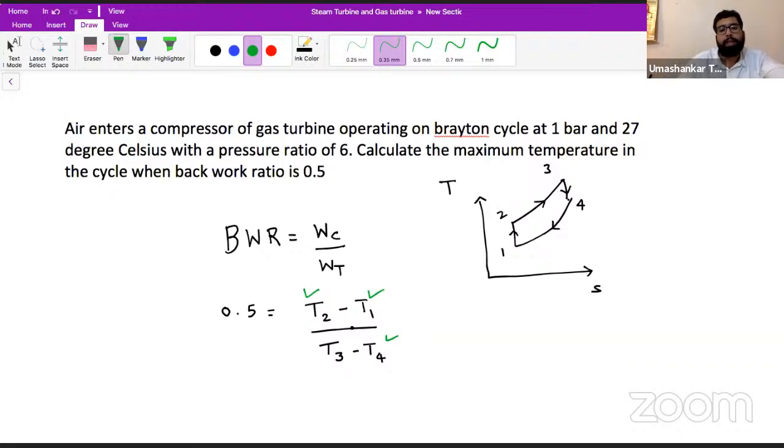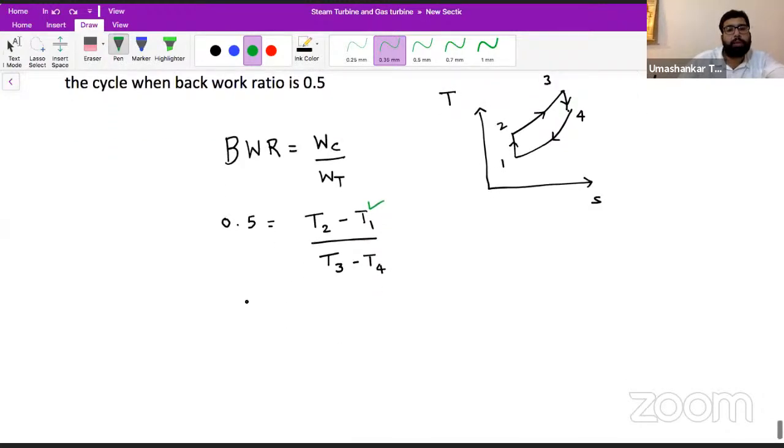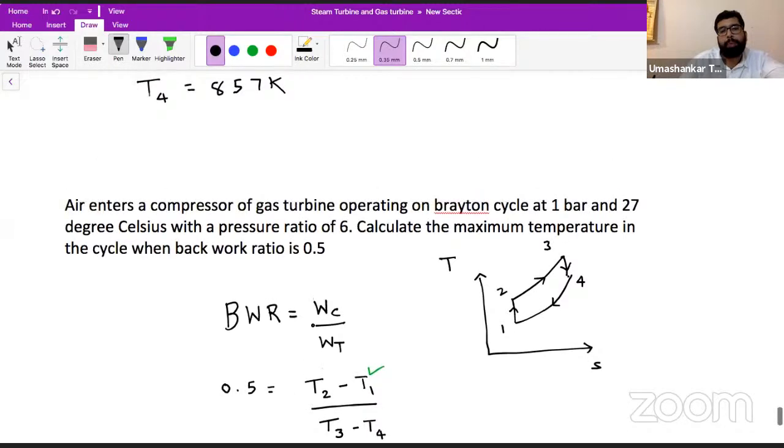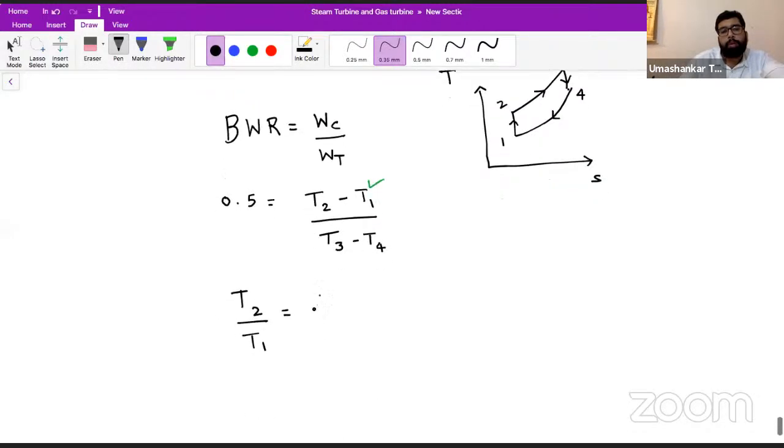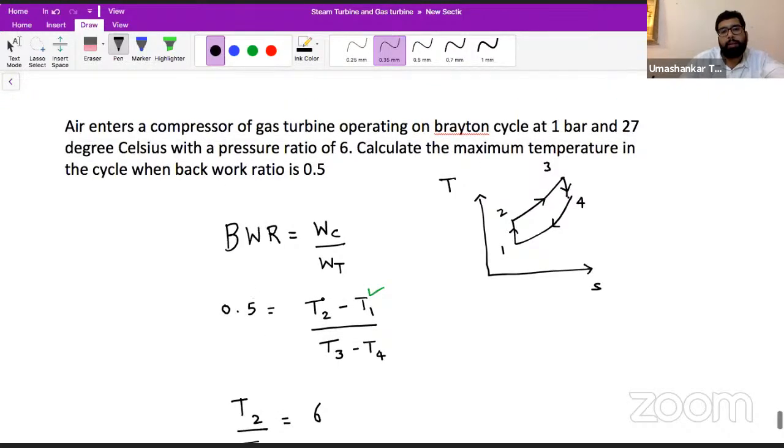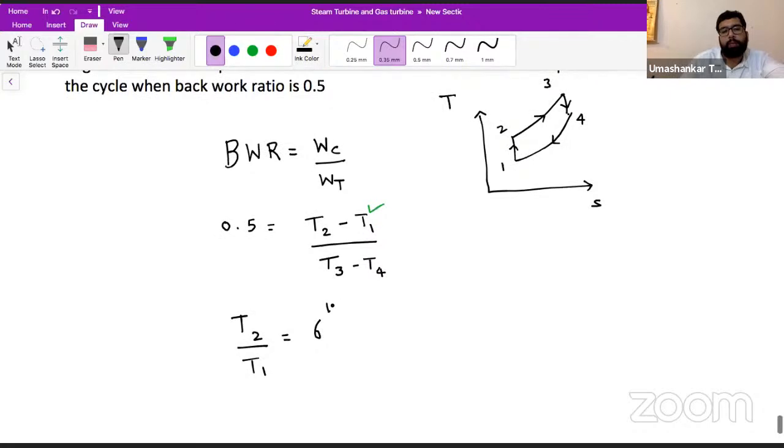T1 is given to us, so let's just find T2. T2 by T1 we know: the pressure ratio is given, so T2 by T1 is P2 by P1, the pressure ratio, to the power gamma minus 1 by gamma. Gamma for air we can consider 1.4.